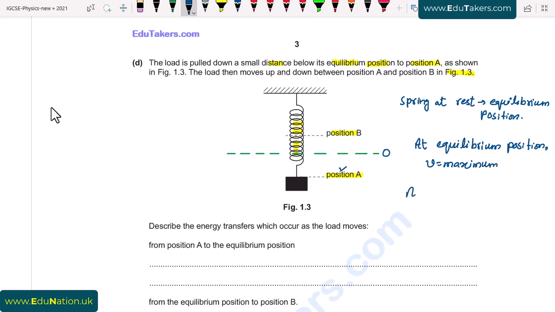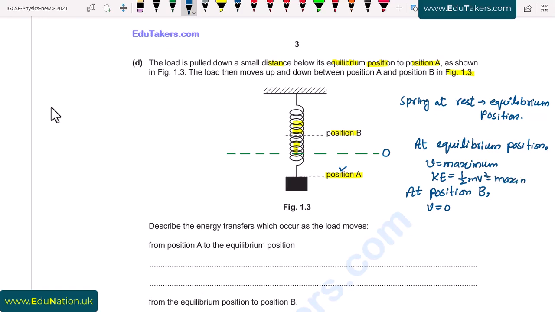And at position B, the speed is 0. And we know that the speed is related to the kinetic energy. Kinetic energy is the energy possessed by a body due to its motion, and kinetic energy is associated with the speed. So I simply write here that kinetic energy here will be maximum, and it is equal to 1/2 mv squared.